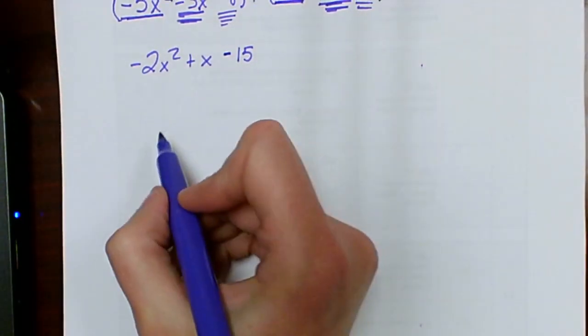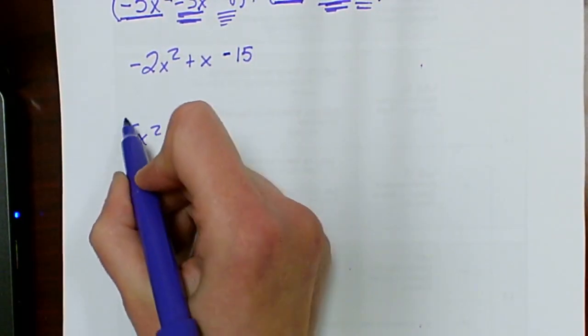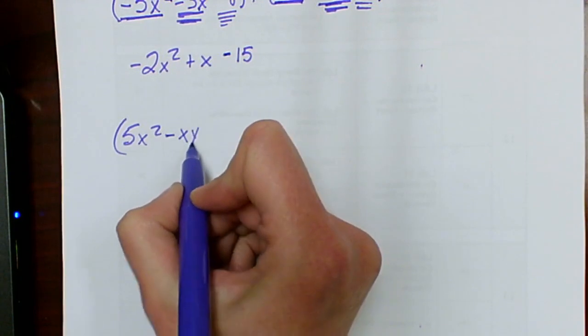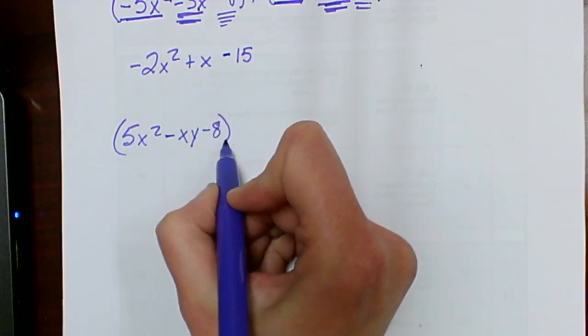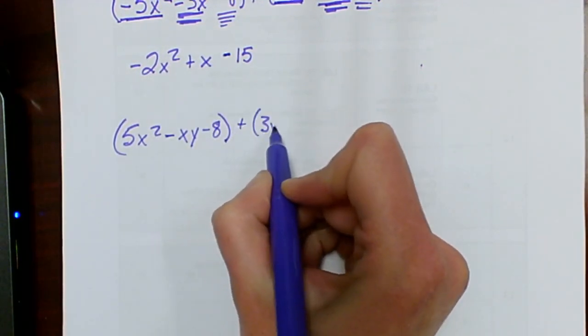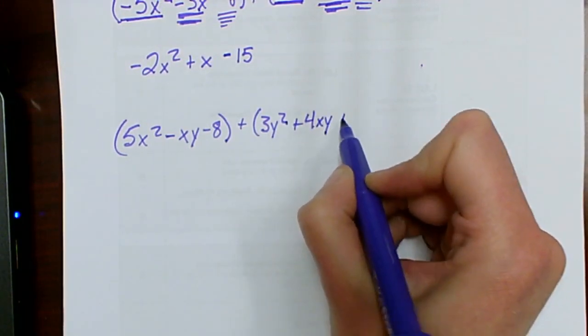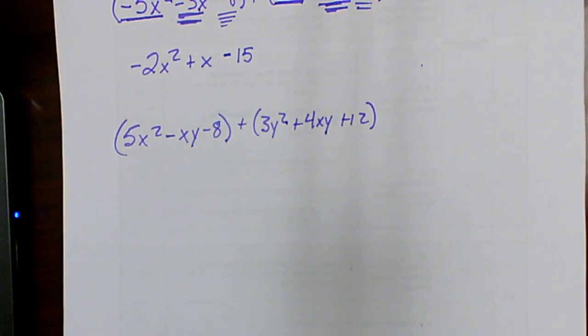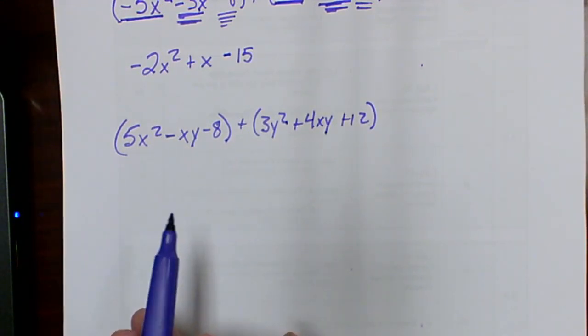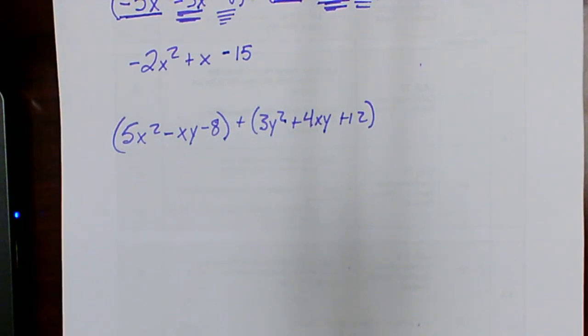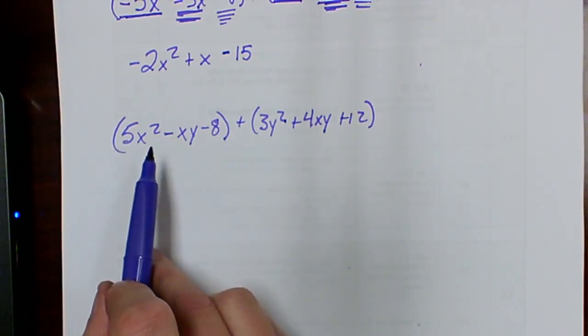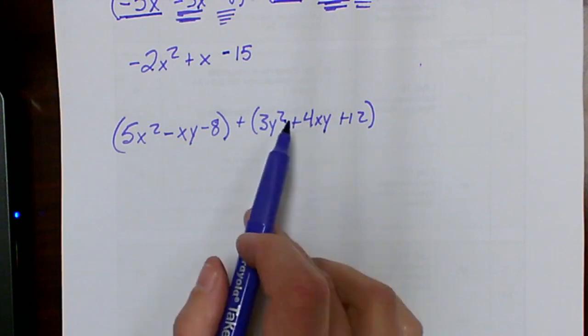Let's work another one. 5x squared minus xy minus 8 plus 3y squared plus 4xy plus 12. Okay, so the very first thing I do is look at my x squared. I'm just drawn to it. So if we look at x squared, we have no x squared here.